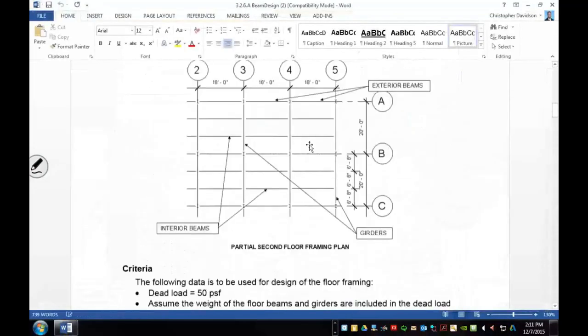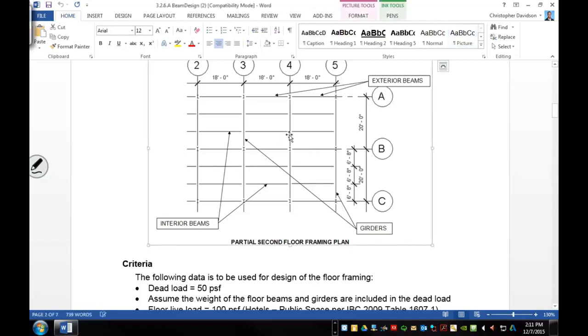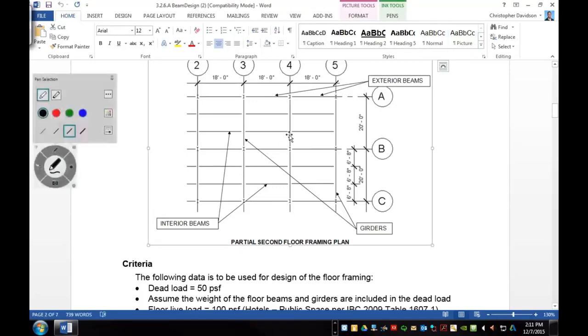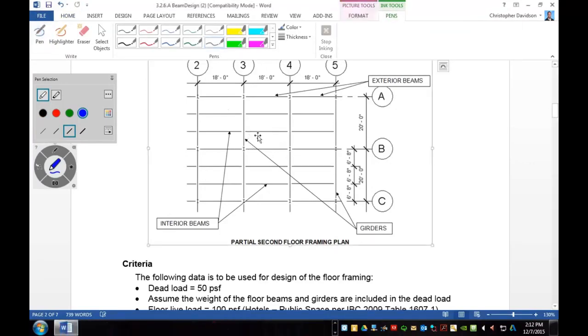Remember a while ago we talked about tributary width? So if we're going to do this interior beam, let me figure this out real quick. Okay, if we're going to do one of these interior beams, let's say this one.